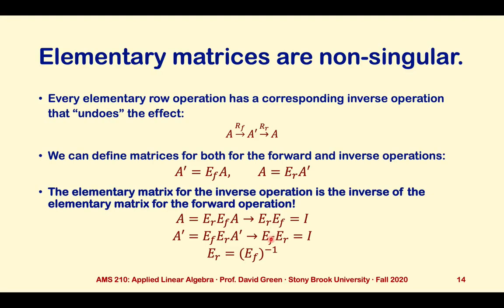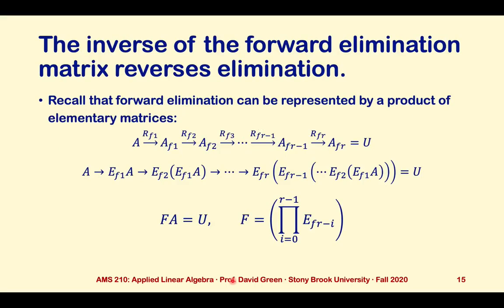This is exactly the definition of the matrix inverse. E_R must be the inverse of E_F. Right? An inverse exists, so it must be non-singular. That was a discussion of a single row operation and the matrix associated with this.